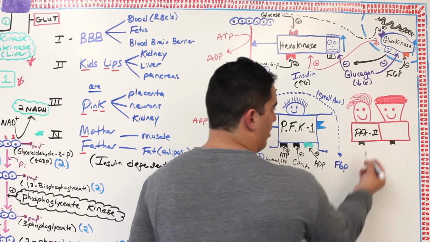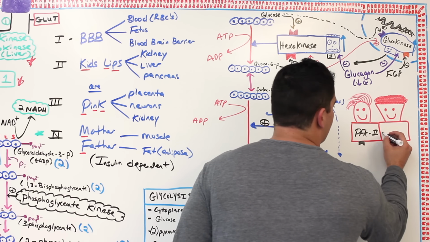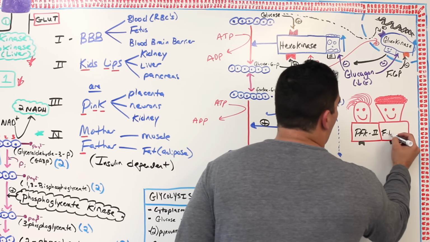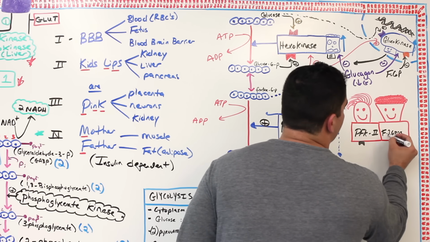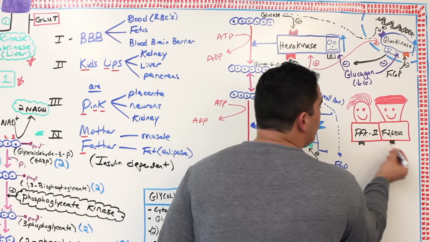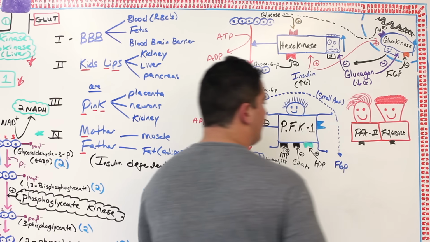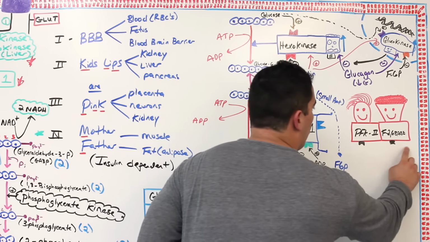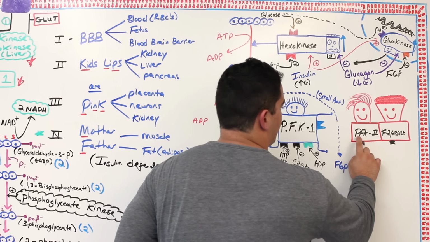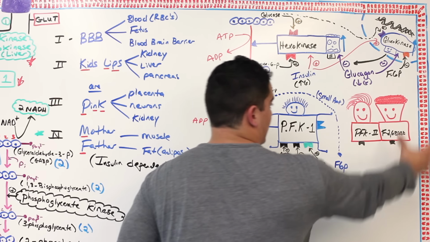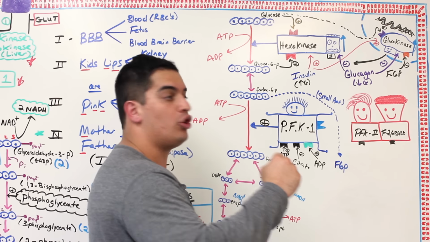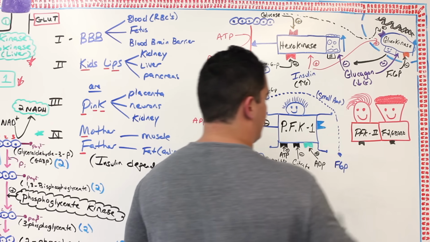The other one is fructose 2,6-bisphosphatase. Again, this whole complex consists of phosphofructokinase 2 and fructose 2,6-bisphosphatase. It's an entire enzyme in itself with two different types of domains.